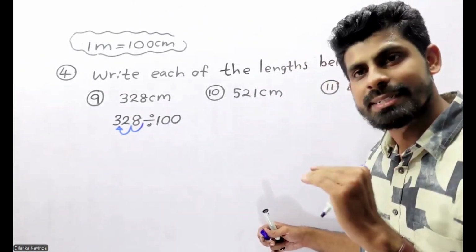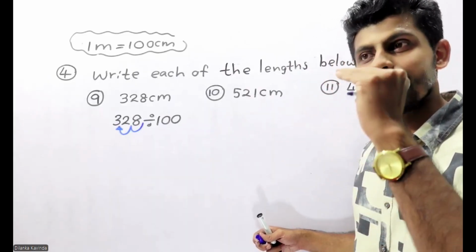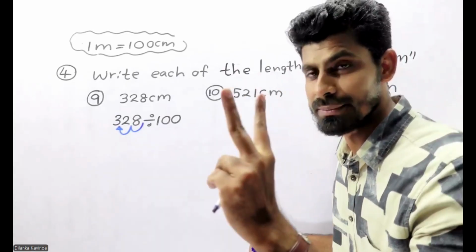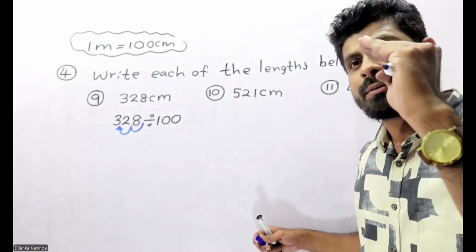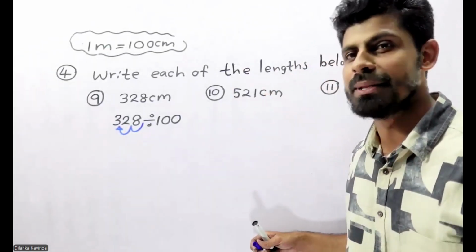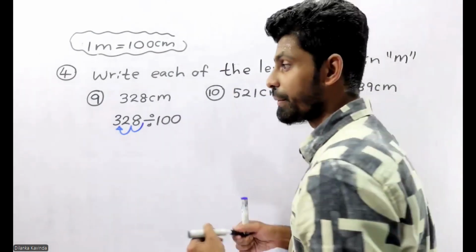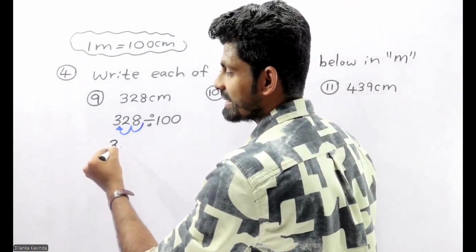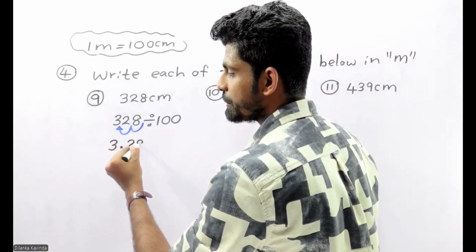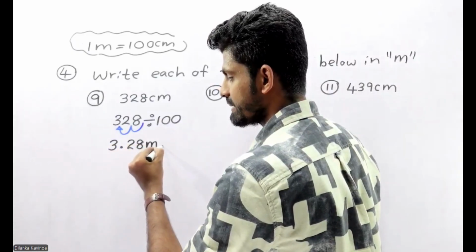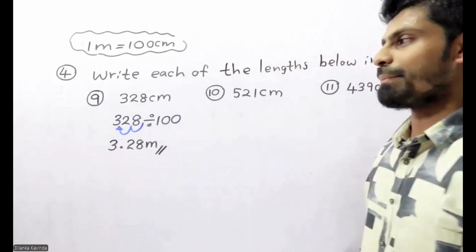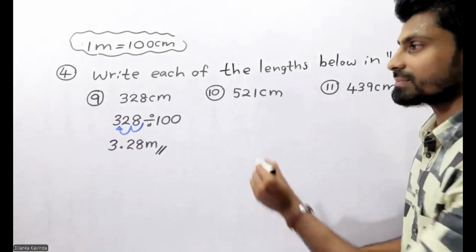If you divide by 10, 1 decimal place. If you divide by 100, 2 decimal places to the left. If you divide by 1000, 3 decimal places to the left. That means 3.28 meters.